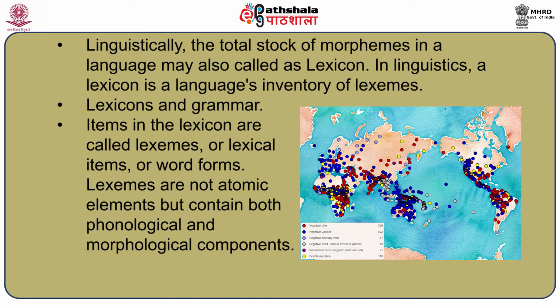Dictionaries represent attempts at listing in alphabetical order the lexicon of a given language. Usually, however, bound morphemes are not included. Items in the lexicon are called lexemes or lexical items or word forms. Lexemes are not atomic elements but contain both morphological and phonological components.